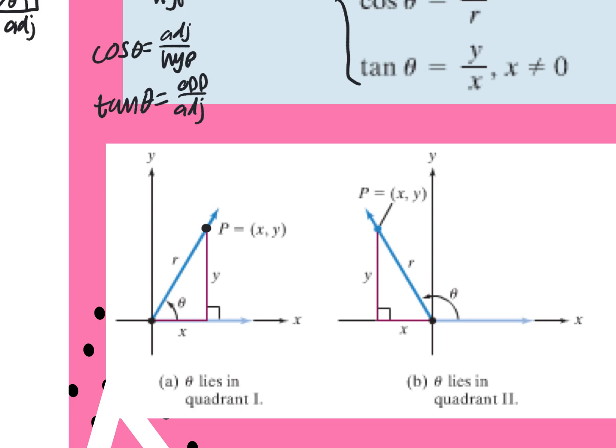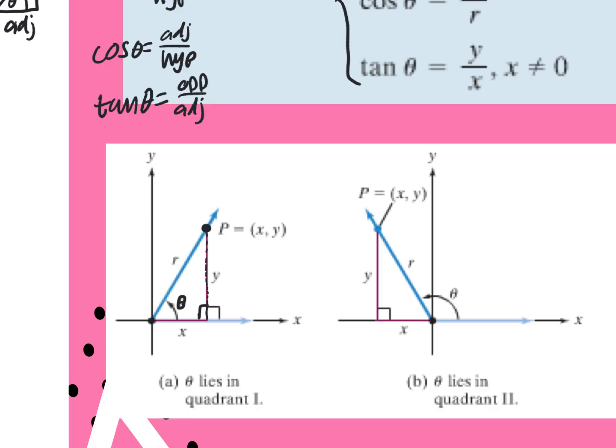To find the trigonometric ratios of this angle theta, you can drop the point down to the x-axis, giving a little right angle. Notice the shape you get is a right triangle.